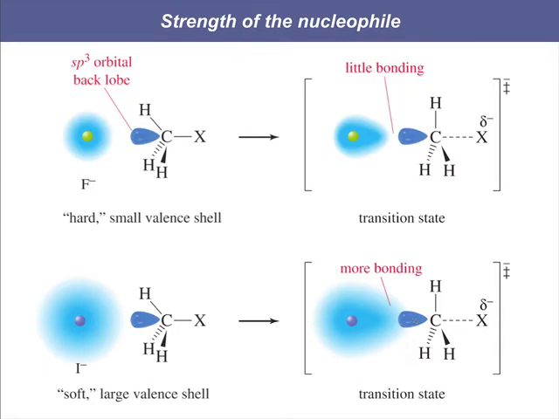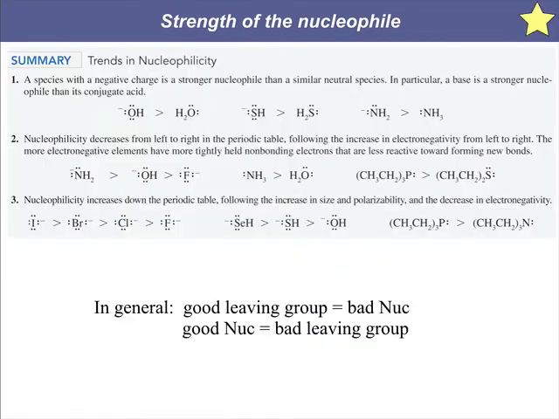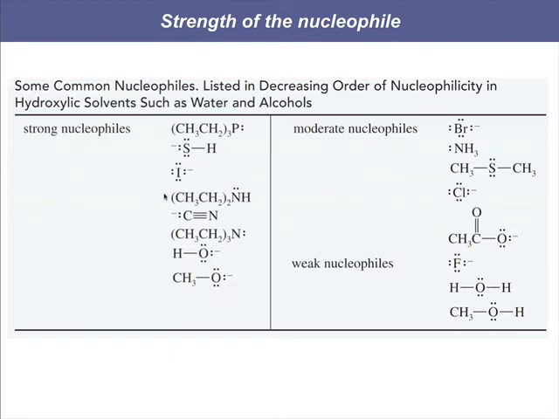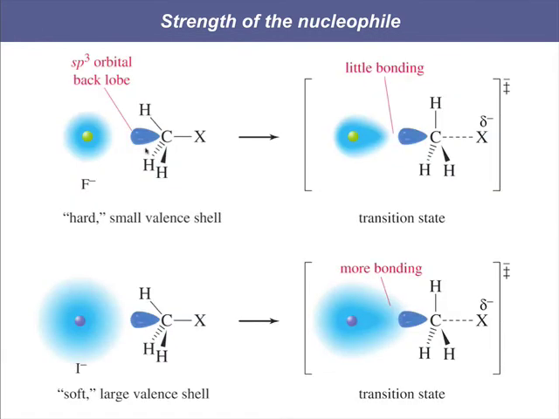So fluoride is not a good nucleophile, but bromide and iodide are pretty good. Iodide is a strong nucleophile. Bromide and chloride are moderate nucleophiles because they have relatively big squishy electron shells. Fluoride is weak as a nucleophile, not good at smearing out its electron density.